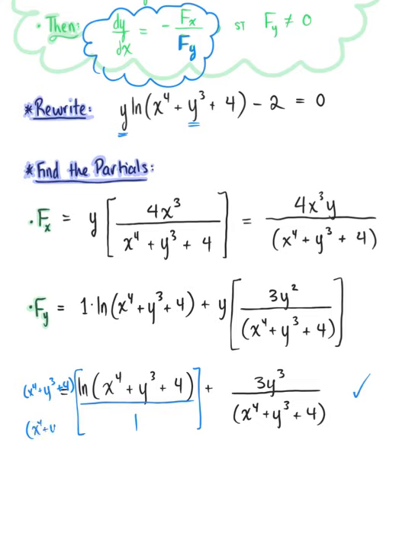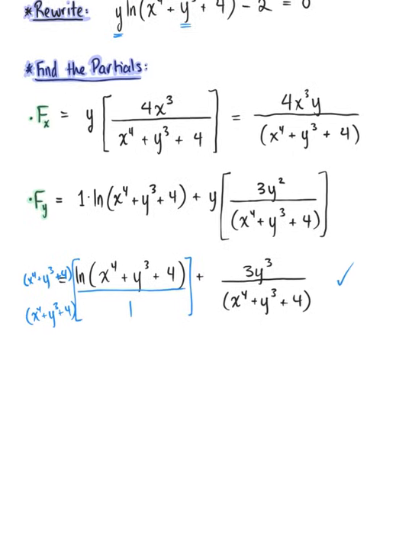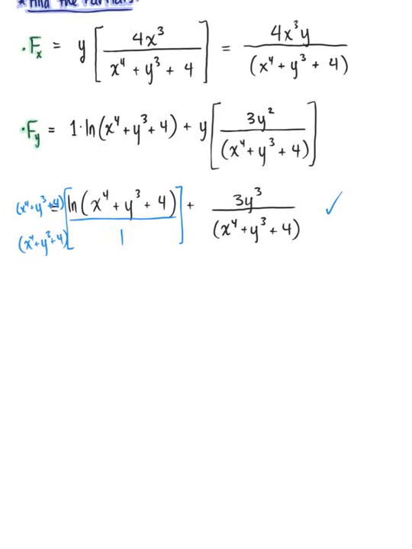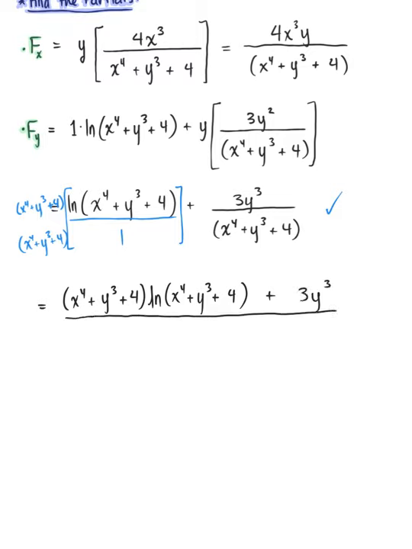This leaves us with the simplified partial derivative: x to the fourth plus y cubed plus 4 multiplied by the natural logarithm of x to the fourth plus y cubed plus 4, plus 3y cubed, all over that common denominator, x to the fourth plus y cubed plus 4.